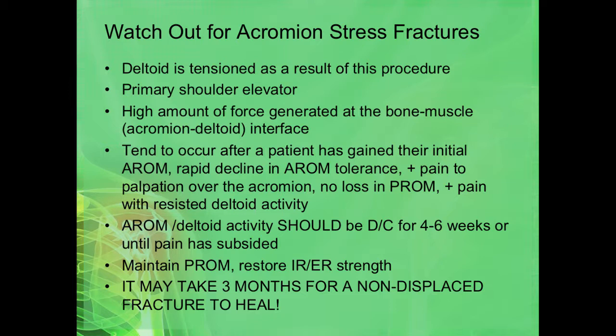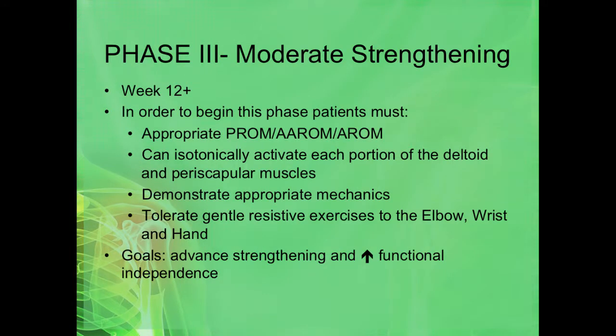So we want to be careful that we don't see an acromial stress fracture because of the now altered biomechanics of the glenohumeral joint. And we really want to watch out for that, because it could take 3 months for that fracture to heal.